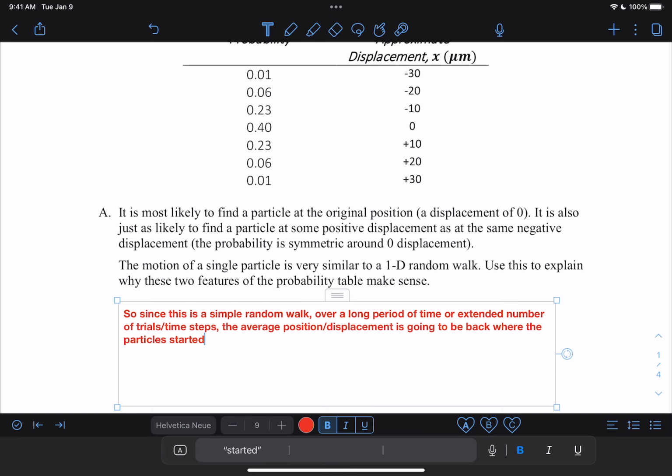So they started at 0. It would make sense for a simple random walk that the average displacement, the average position, is going to be back where the particle started, at 0.